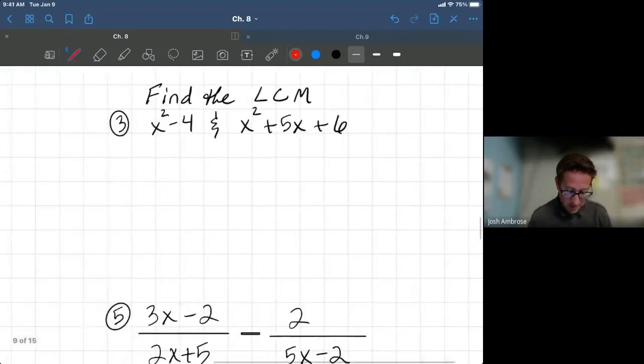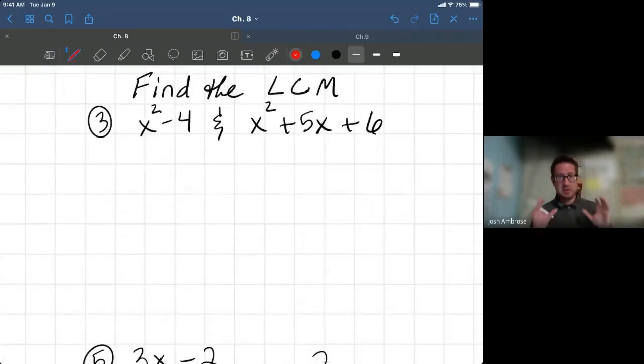What if we got a little bit more than just regular old numbers with exponents? We have full polynomials. We got a binomial in x squared minus 4, and we have a trinomial in x squared plus 5x plus 6. Factor them. Step 1, factor them.